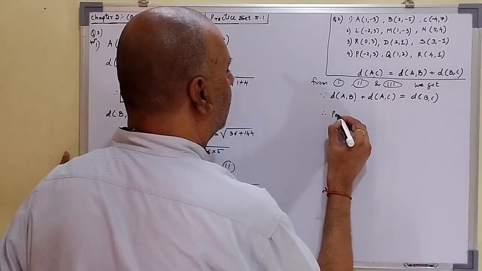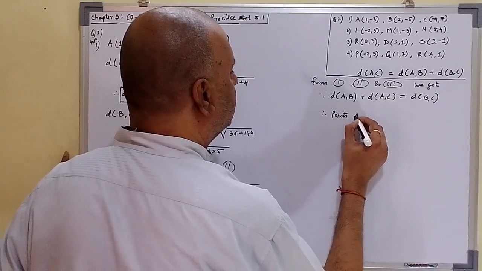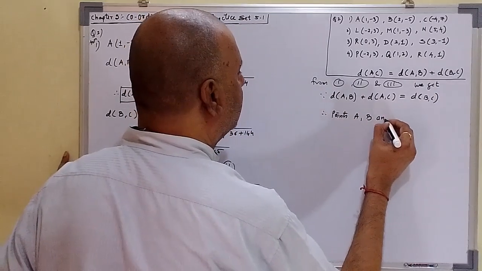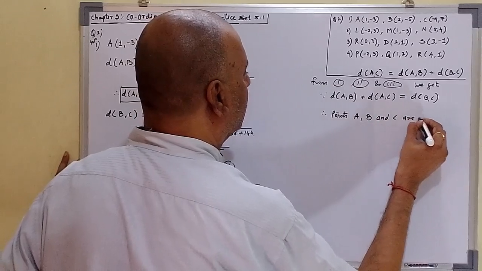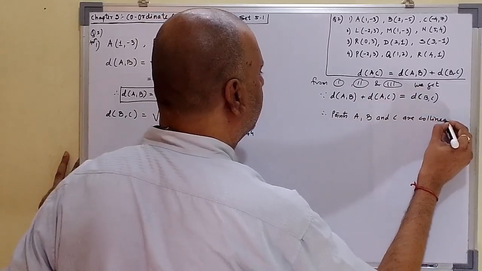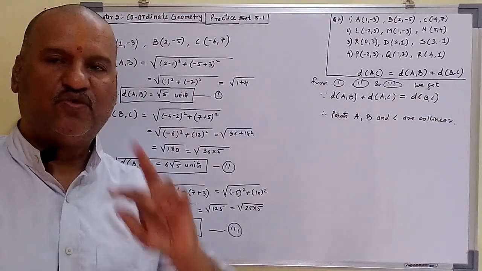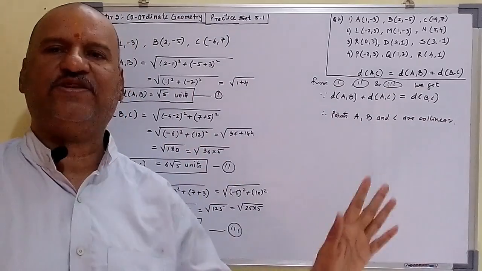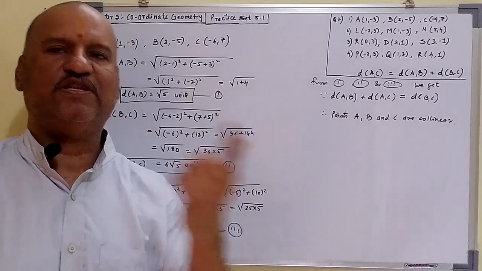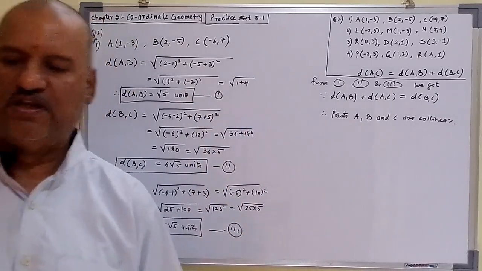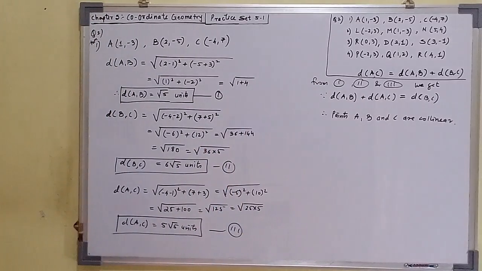Therefore, points A, B and C are collinear. We are not going to find betweenness. We do not need which point is between which. We only need to see that the sum of two is equal to the third one. Collinear points. Let's go to the next point.